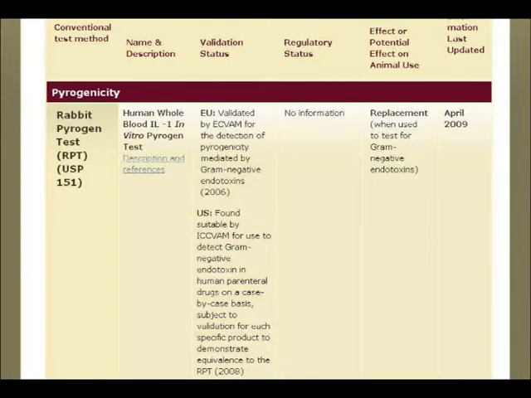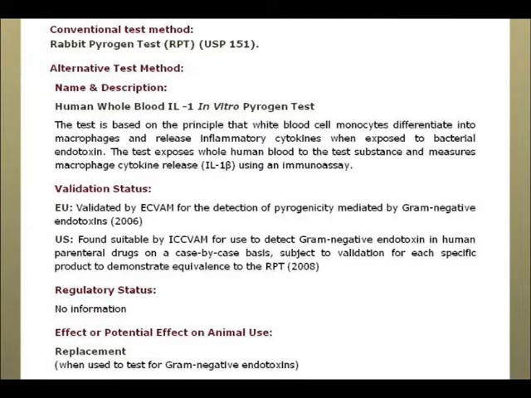This slide shows pretty much what the other slides showed, except it gives a description of the test. Remember, there's 5 of these tests, but I'm just going to look at this one test here. It says the test is based on the principle that white blood cell monocytes differentiate into macrophages and release inflammatory cytokines when exposed to bacterial endotoxin.